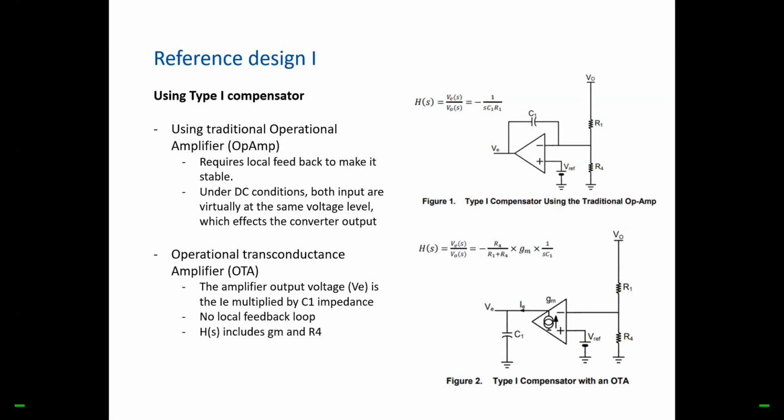In this case, we will need to include the gm of the OTA and R4, which is the voltage divider resistance, in the transfer function. Compared to the traditional op-amp, we do not need that.